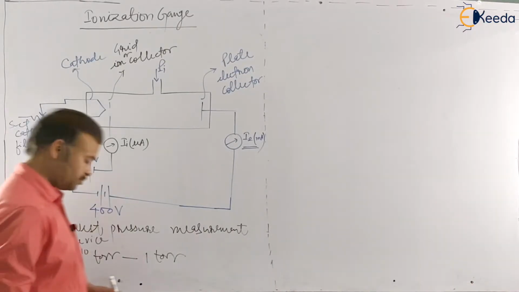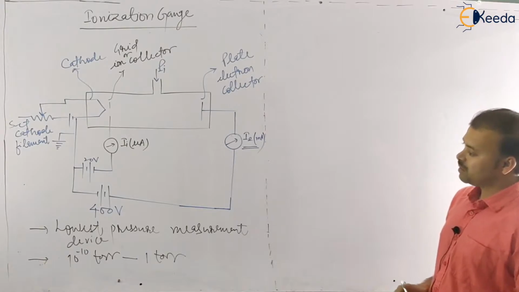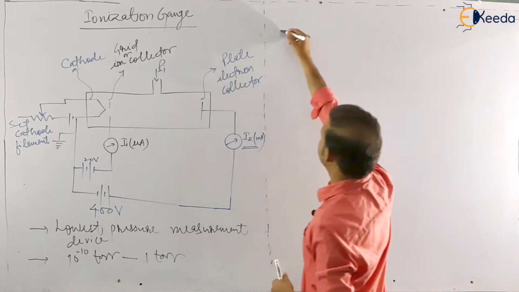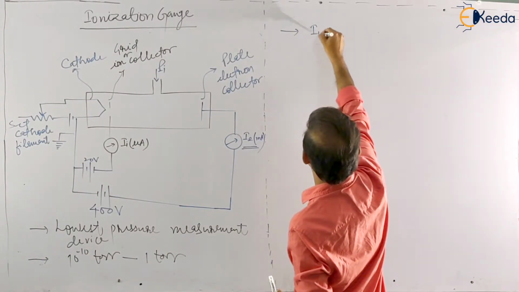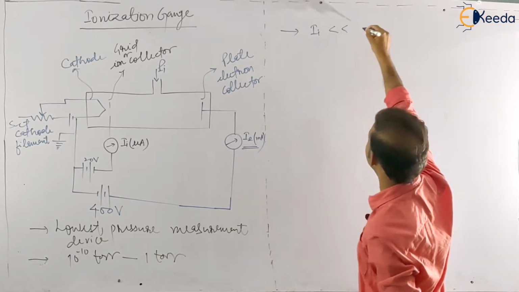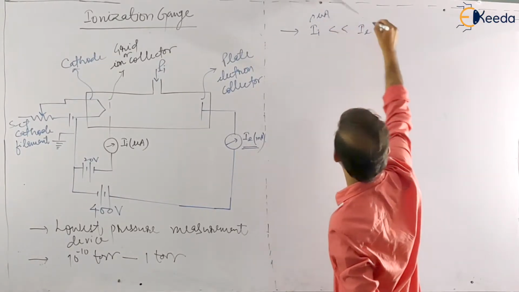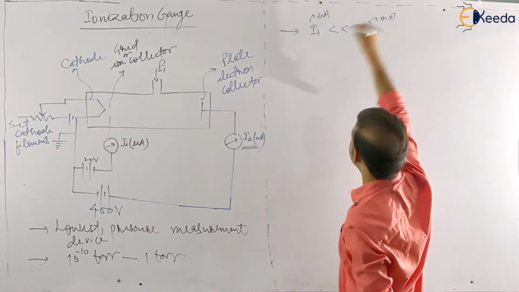Okay. So if my point is clear, let me write: II means ion current is very much less than IE. This is in microampere, and this is in milliampere.